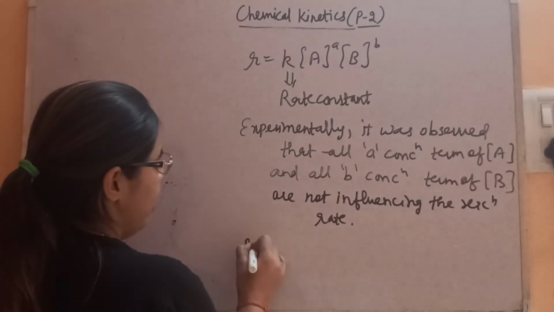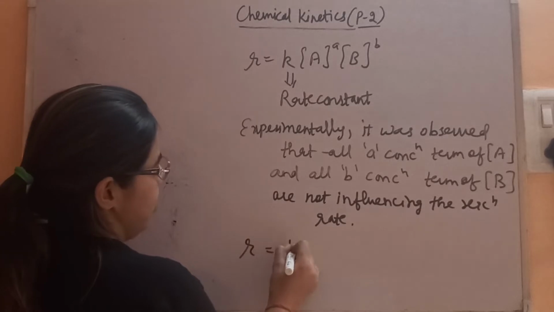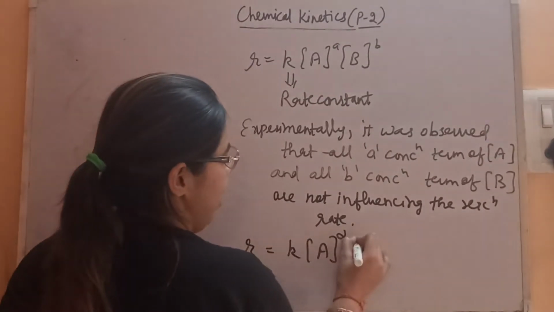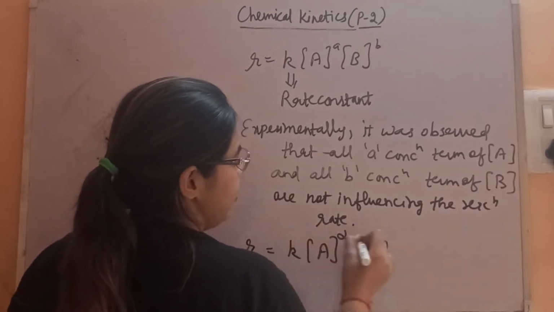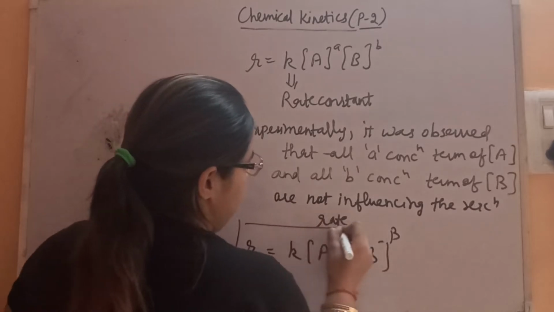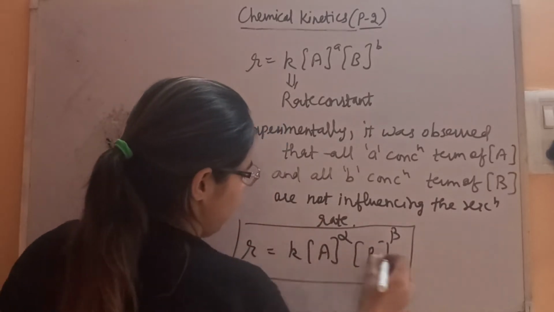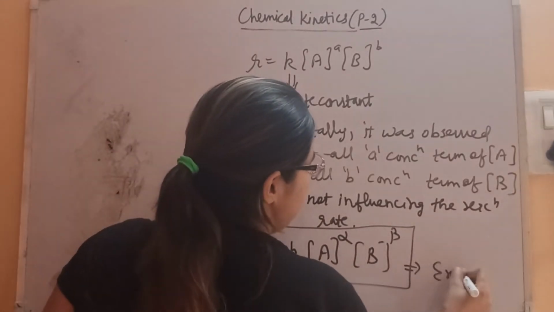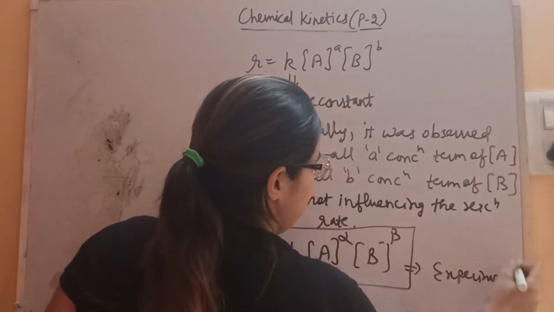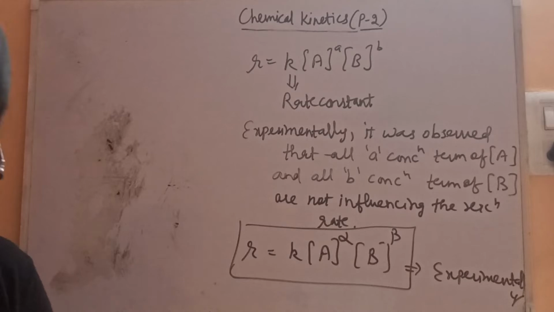Let's say here rate is equal to K, concentration of A raised to the power alpha and concentration of B raised to the power beta. So this has been observed experimentally that it is not a and b, it's alpha and beta.